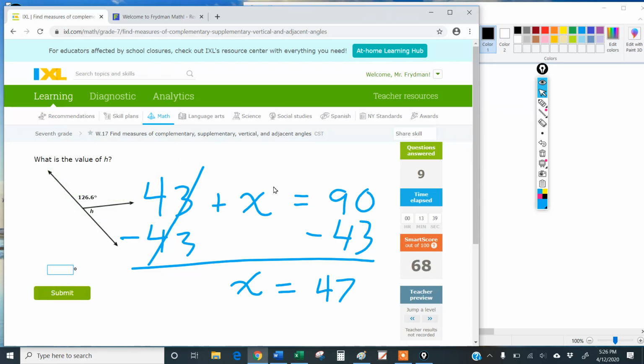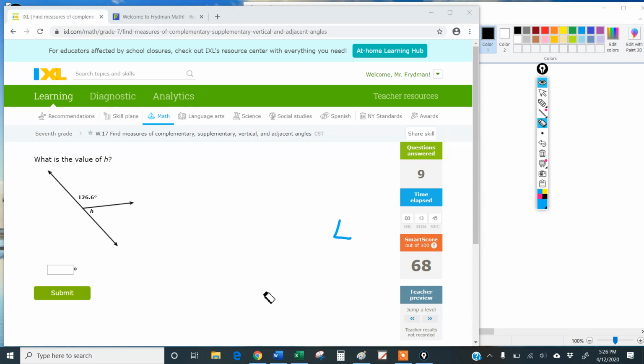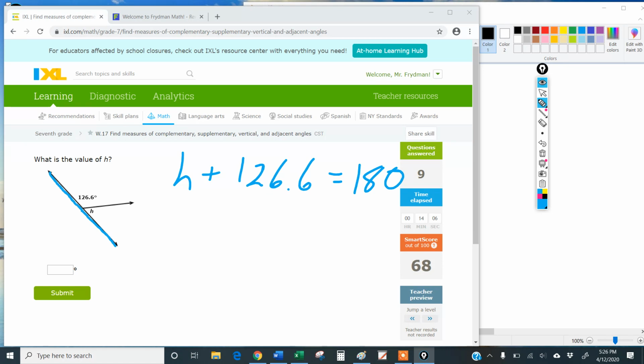What is the value of H? This question is just like all the other questions we've done. Remember, if we see that the two angles together make a straight line, then they must add up to 180 degrees. So we have H plus 126.6 equals 180.